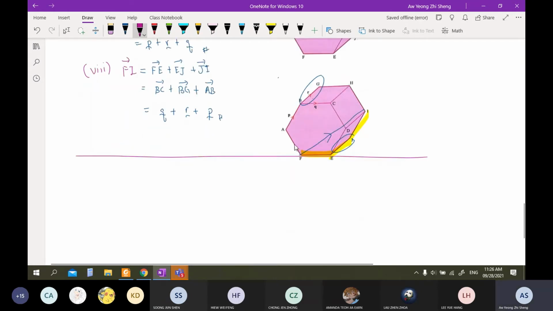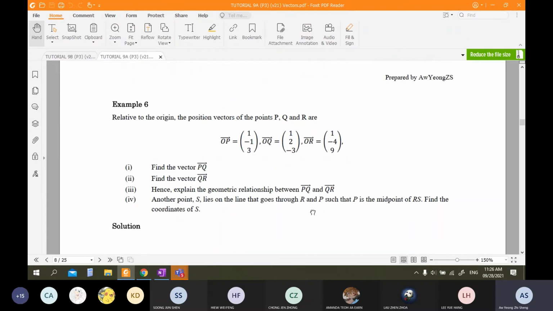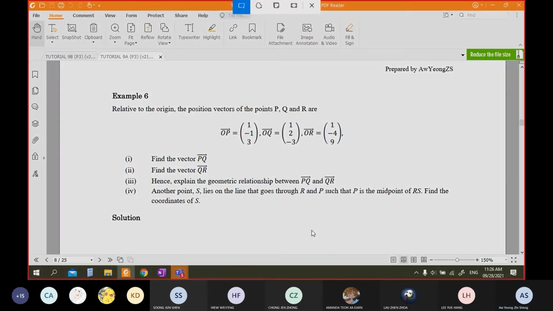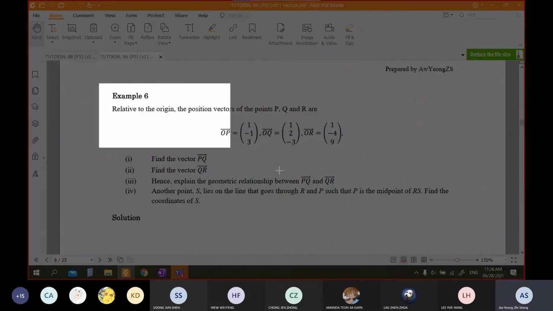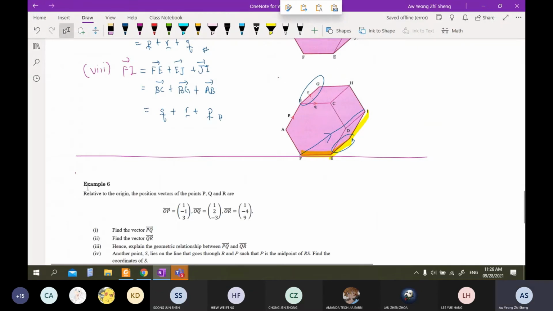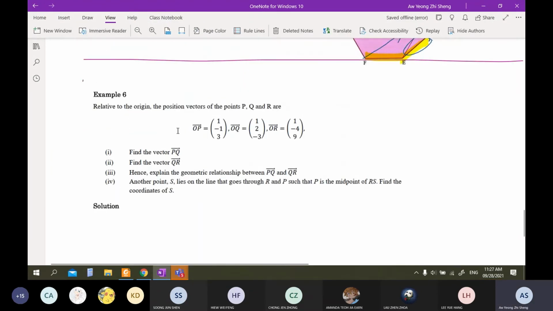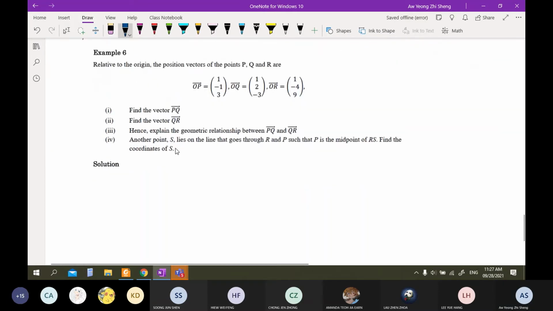Now let's carry on with example 6. The questions here are still rather simple, so I will be quite fast. You are given position vectors.